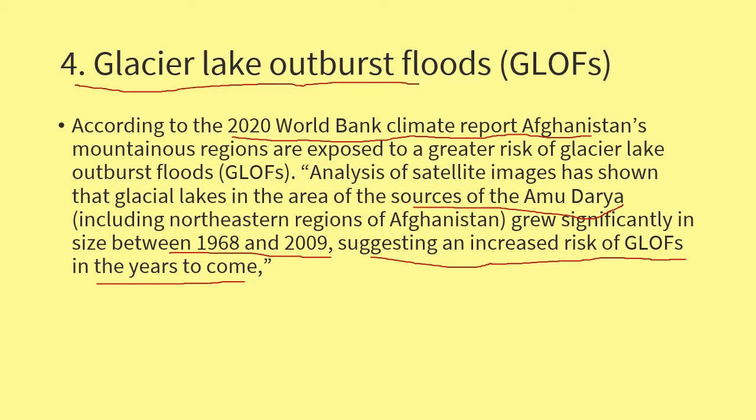So, a glacial lake outburst flood is a hazard, and the potentiality of the hazard increases day by day due to glacial melting in the Hindu Kush and Himalayan region.